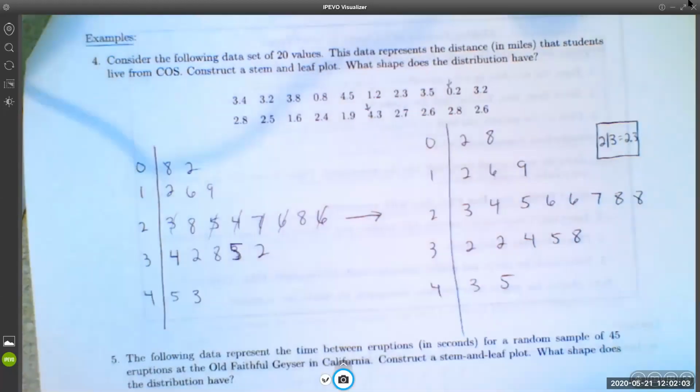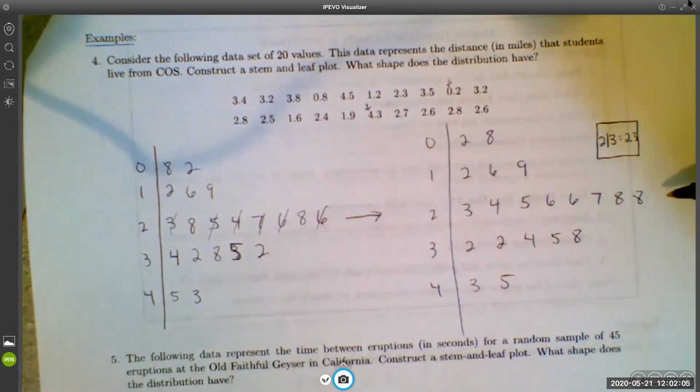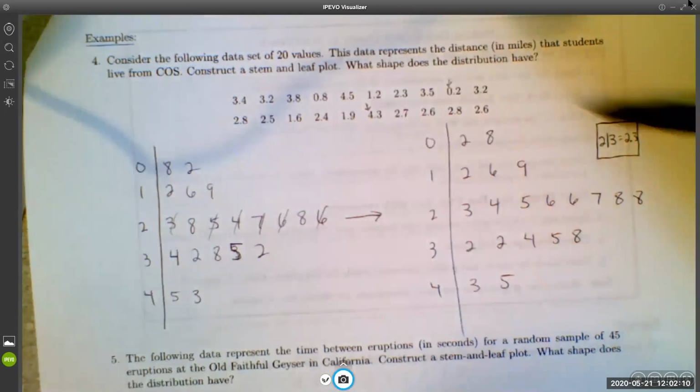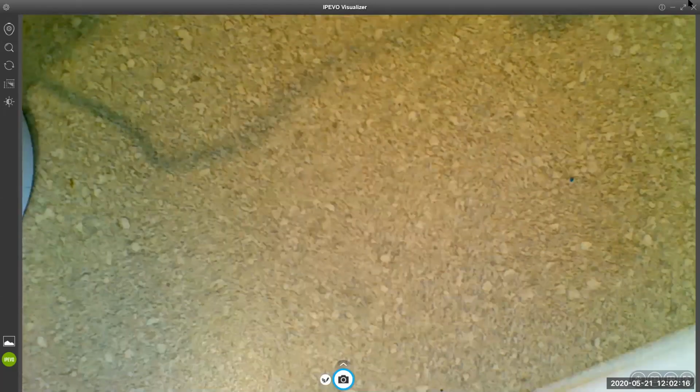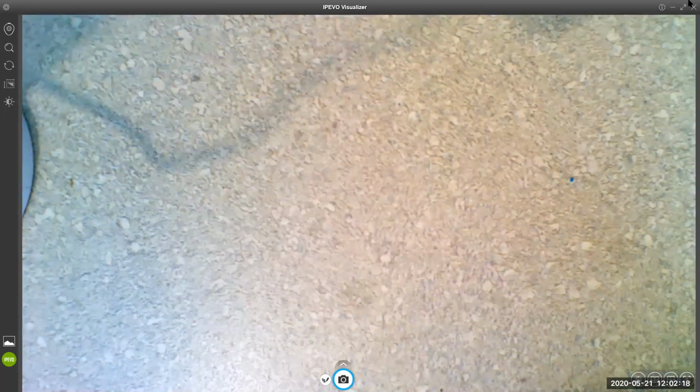Stem and leaf plots are really nice because they give you a way to organize your data without losing any of the raw data. If you compare this to a histogram, sure, you get nice looking graphs and you have some idea.